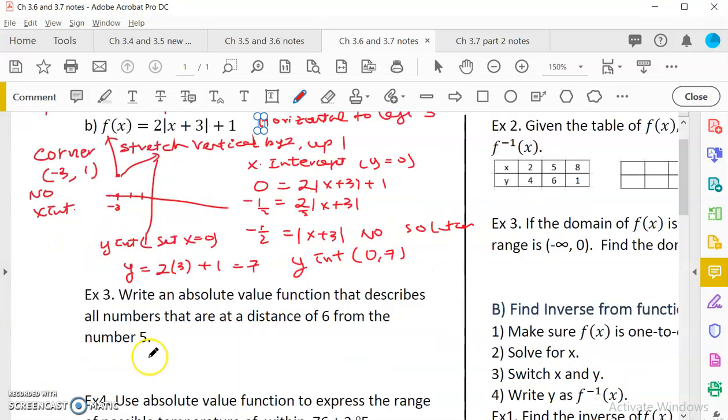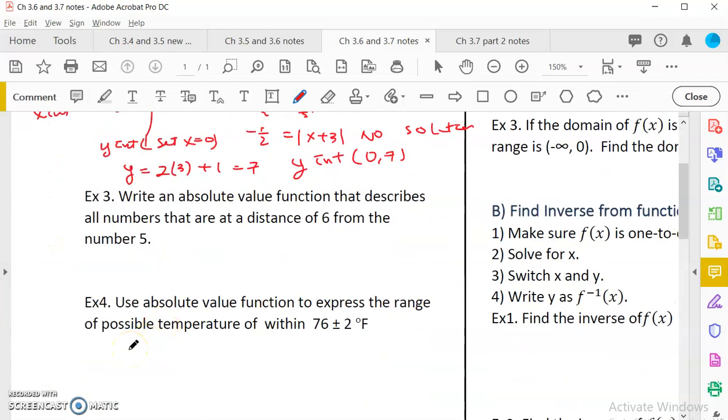Okay. Let's do the third example, which is an application of the absolute value function. So they say, write an absolute value function to describe all numbers that are at a distance of 6 from the number 5. The absolute value function is used to describe distance. So if you want to find any number x at a distance of 6 from the number 5, it means you subtract 5 from it, and it's equal to 6.